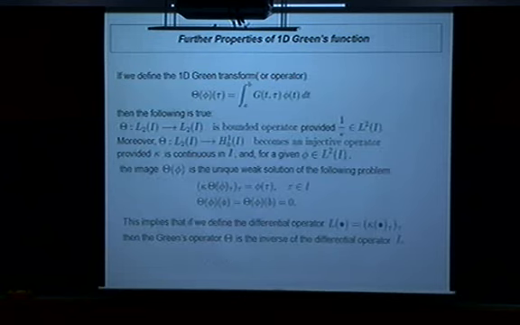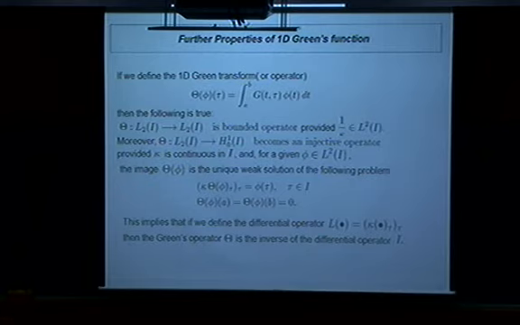Okay, this is another good property of this Green operator, or Green transform, like this. This G is the Green function of the problem described in the previous section. The operator theta maps L2 to L2, and it has a good property: it transforms L2 into H10 in general.